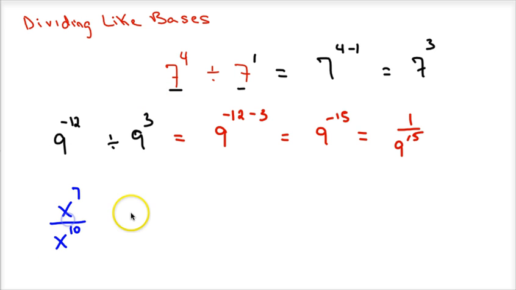All right, let's take care of the one with the variables. x to the 7th over x to the 10th. So again, this is still division. Do I have my same base? Okay, so this is going to be x to the 7th minus 10, and I get an answer of x to the negative 3rd. x to the negative 3rd can be written as 1 over x to the 3rd.